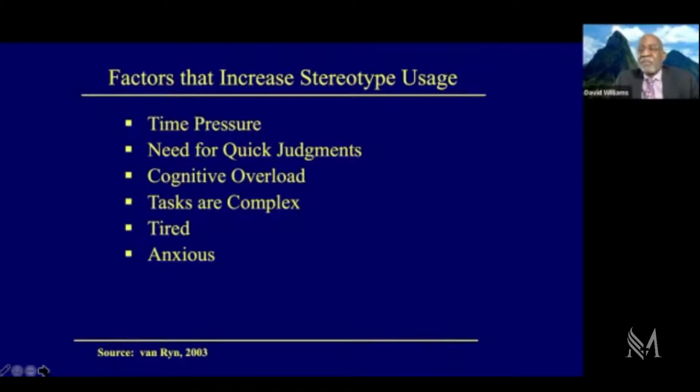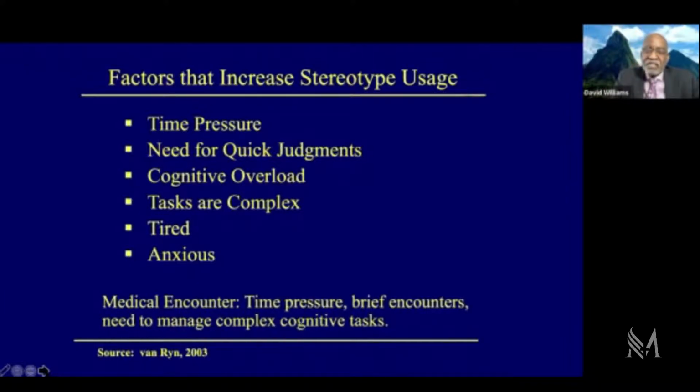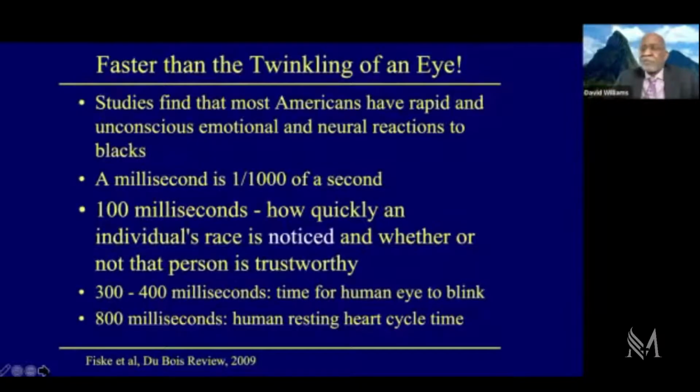When you're working under time pressure, when you need to make quick judgments, when there's a lot of cognitive information to process, when the tasks are complex, also when the emotions of being tired or anxious are present. And many of these factors characterize a typical medical encounter.